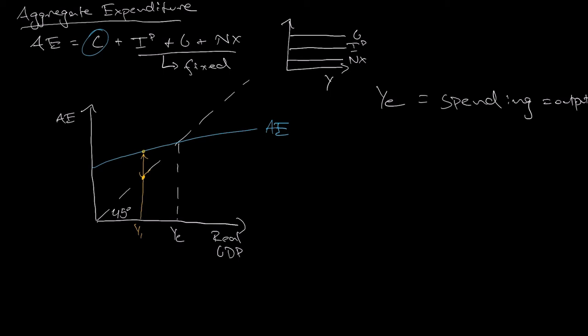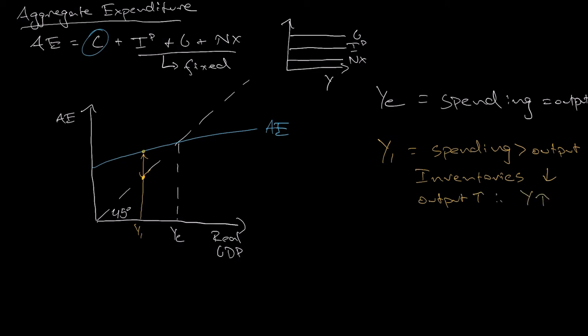So at the area of Y1, what's happening is that spending as measured by AE is greater than the level of output in our economy. The level of inventories, which really is just stock of goods, will start to fall, which will act as a trigger for firms to increase their output to meet this excess demand, which overall will lead to an increase of income in the economy.